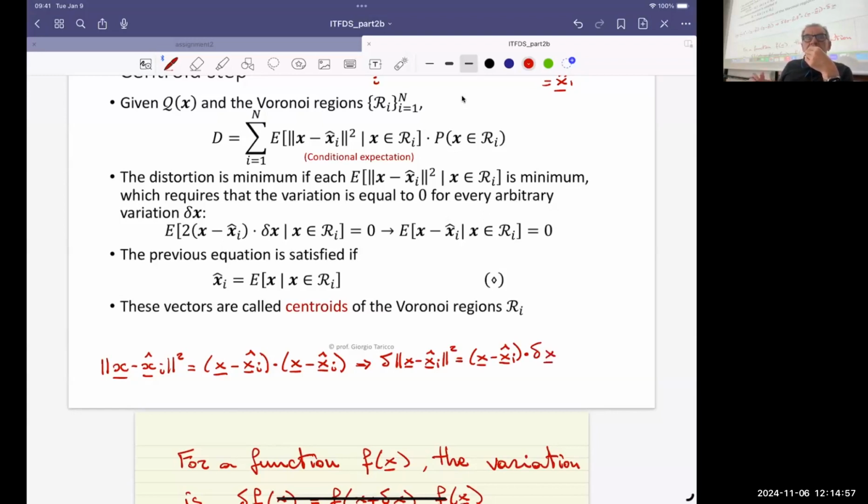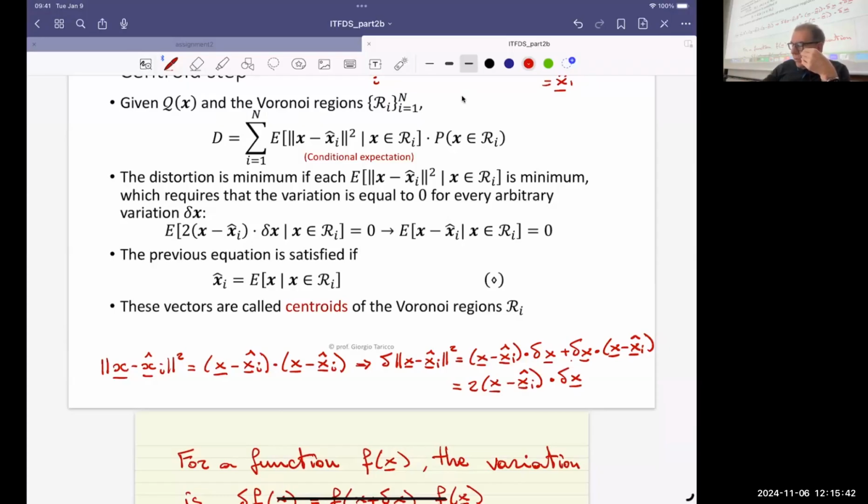And this is one of the two terms that we have to consider when calculating the differential. The other term is obtained by multiplying the variation of the first term scalarly with x minus x at I. Obviously, these two scalar products are equal to each other, and therefore this is just 2 times x minus x at I scalar product the variation delta x.